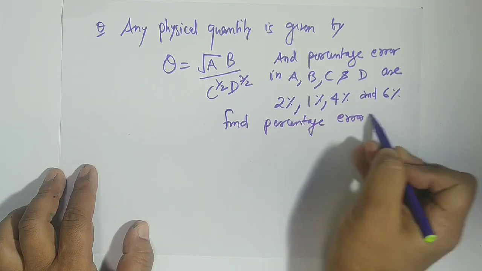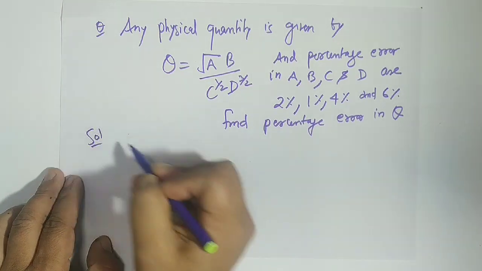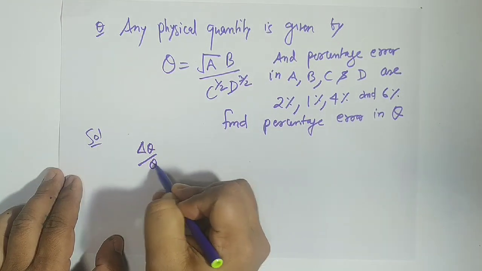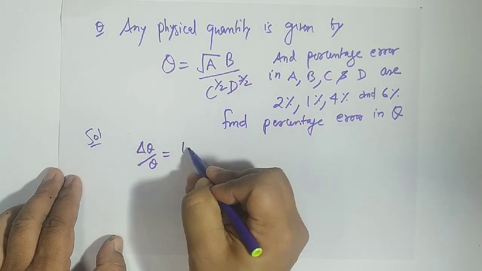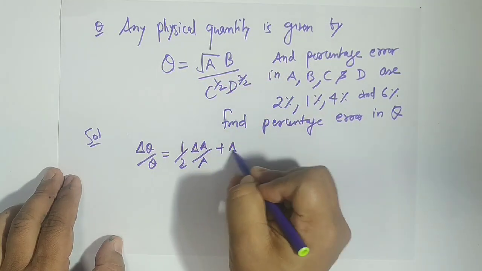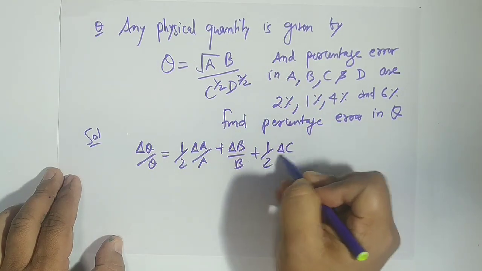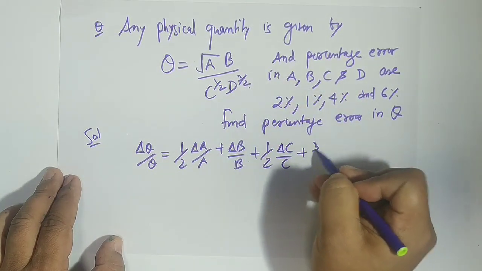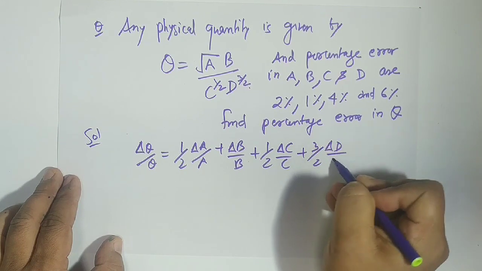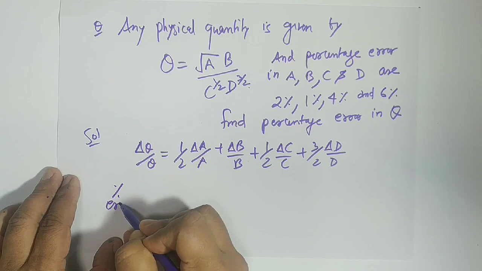So I think you can write it. First we have to write Q, delta Q by Q will be what? Half delta A by A. Are you getting it or not? Plus delta B by B plus half delta C by C plus 3 by 2 delta D by D, and then for the percentage error, you know what you do.